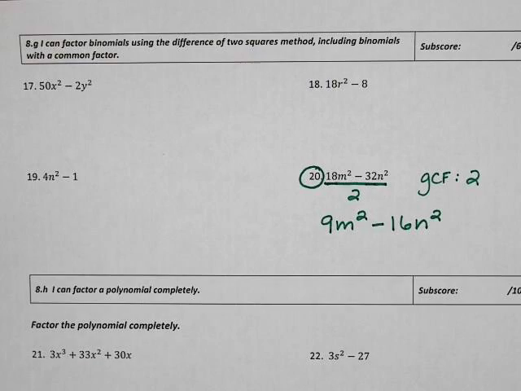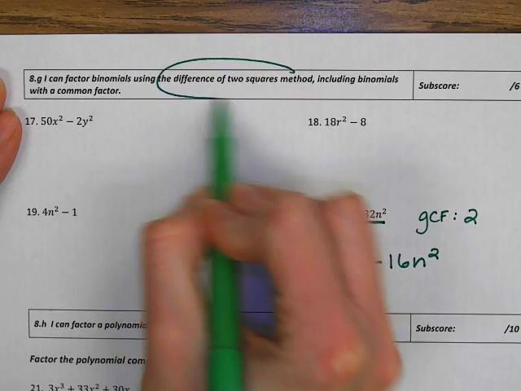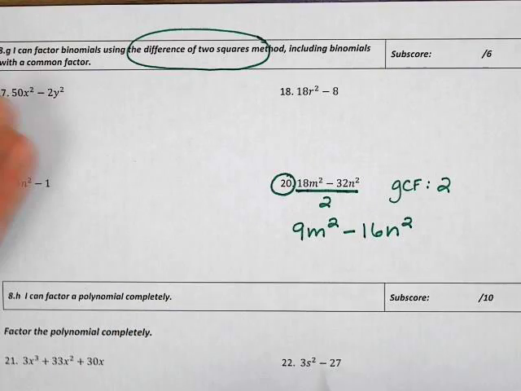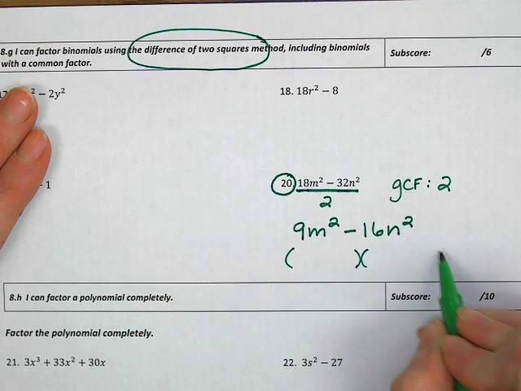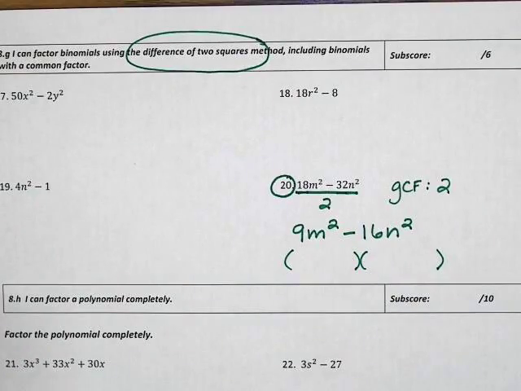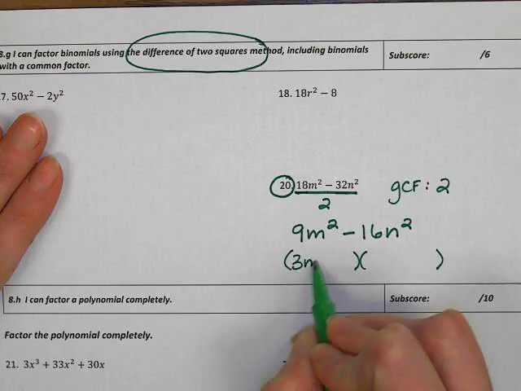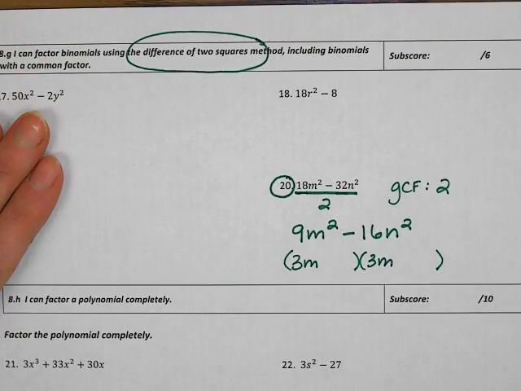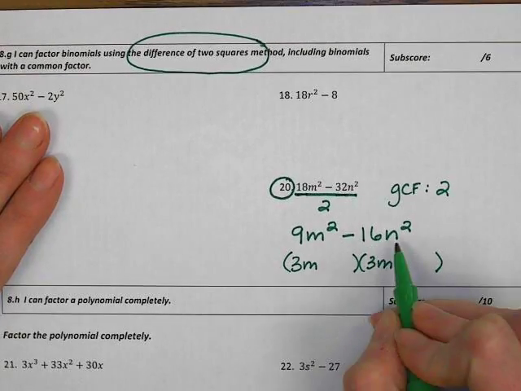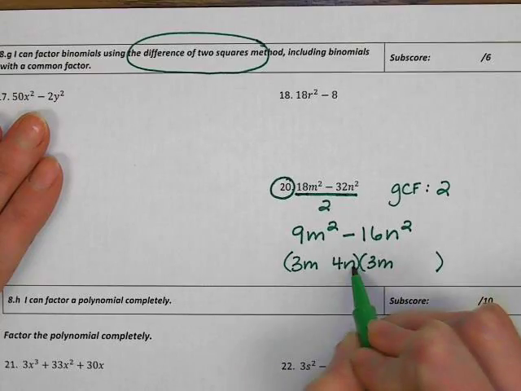Okay, but that was only the GCF part. Now we actually have to do the difference of two squares. And luckily, these are both perfect squares, so we can do our thing. Okay, so to get 9m squared, we need 3m and 3m. To get 16n squared, we need 4n and 4n.